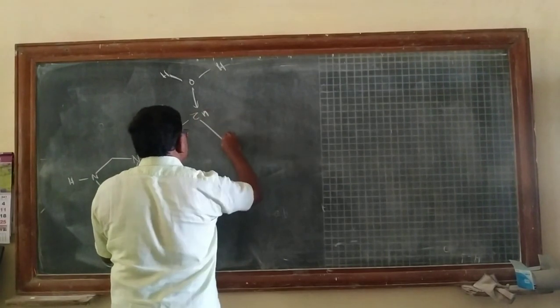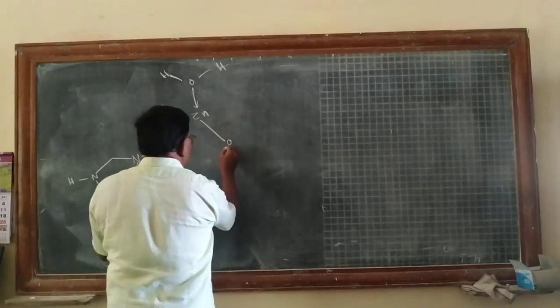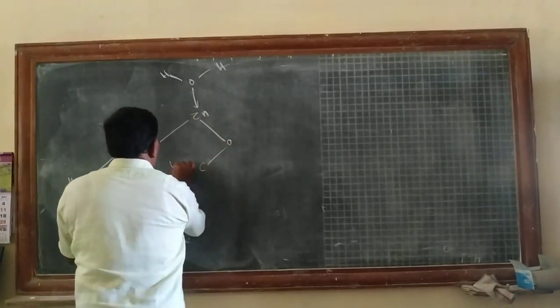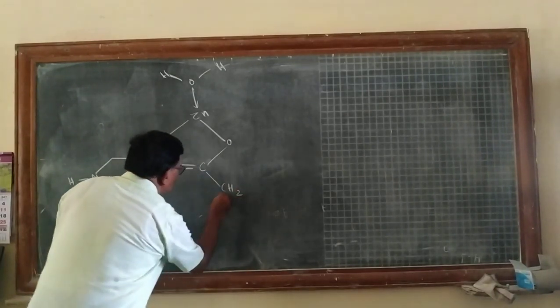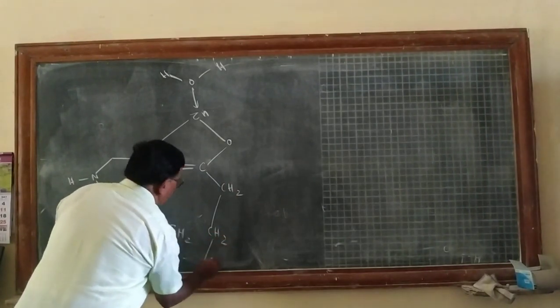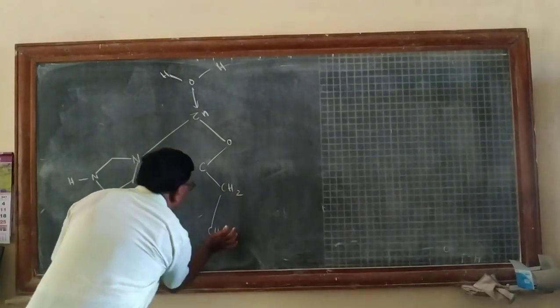Then from this there will be an oxygen atom and this is a C double bond O CH2. CH2, this is another group.